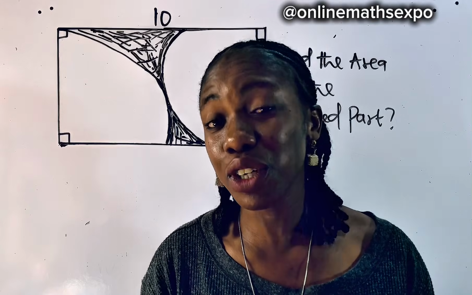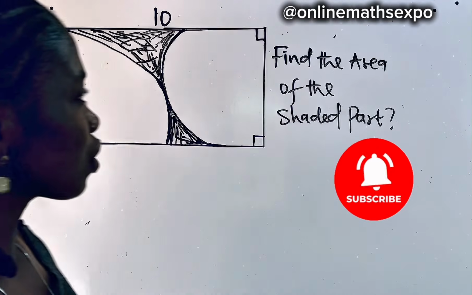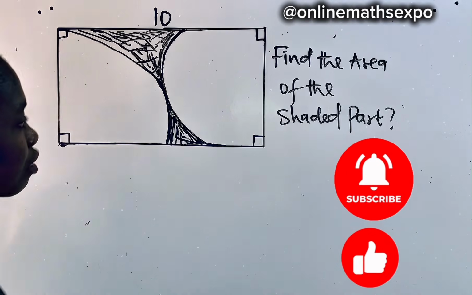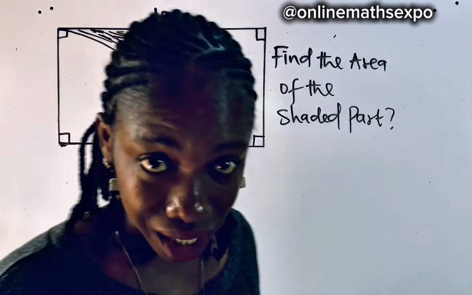Now, what do you think you should do about this question? Don't worry yourself. I'm going to take you through that step by step. It's just so easy. So what we do first is, remember that the shaded part is inside the rectangle.